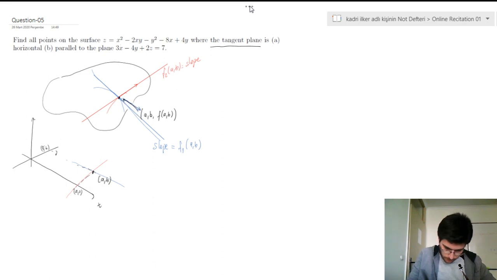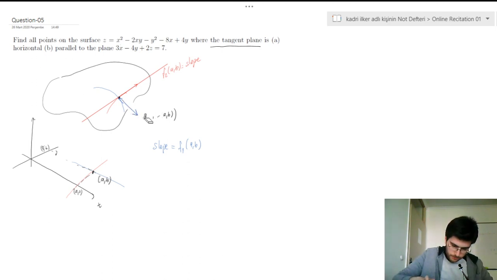This is one of our vectors, and this is the tangent line.